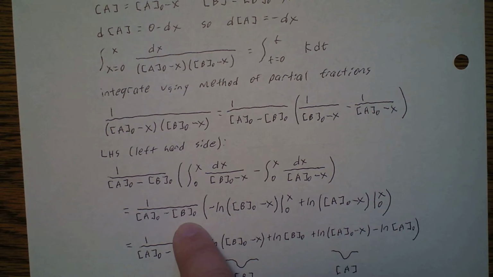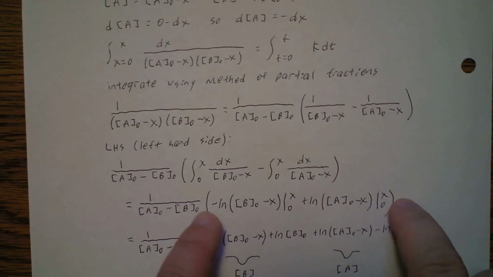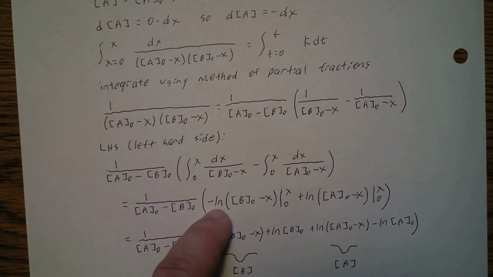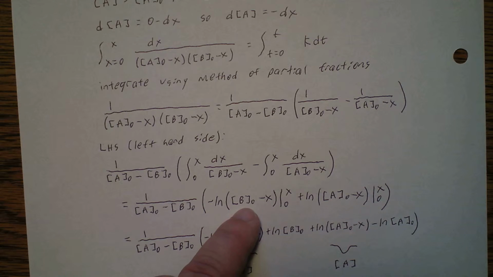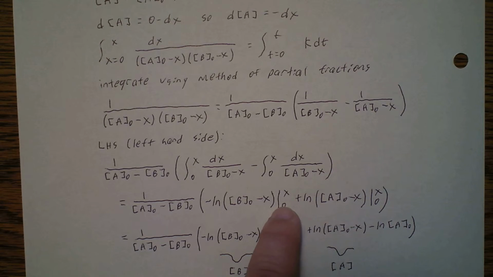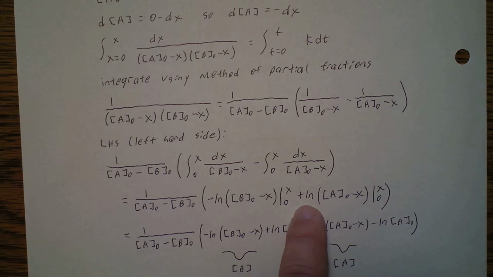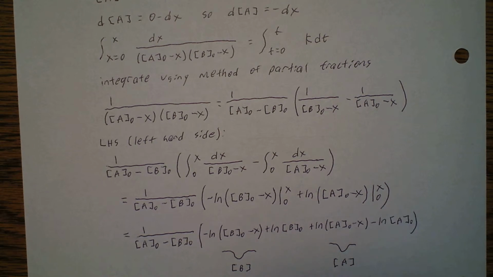So that gives us 1 over the initial concentration of A minus the initial concentration of B times this whole quantity here, minus the natural log of the initial concentration of B minus x evaluated from 0 to x, plus the natural log of the initial concentration of A minus x evaluated from 0 to x.